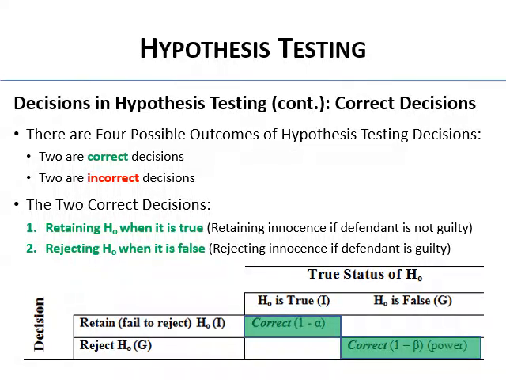You've made a correct decision. So remember, retaining something true is good, and rejecting something false is good. And it turns out that 1 minus alpha is our likelihood of landing in the upper left box, and our power is our likelihood of landing in that lower right box.